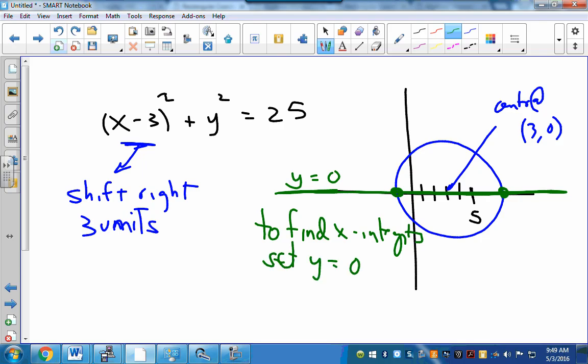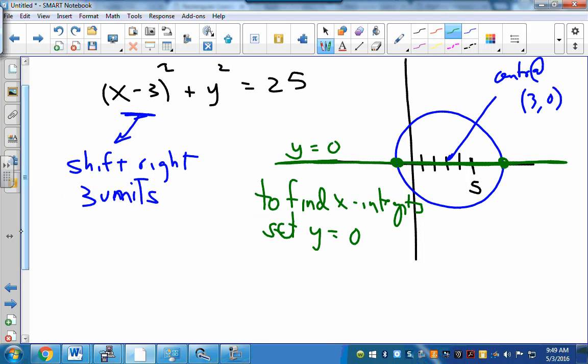So you go into your equation and you make y equal 0. Well, that's pretty easy to do. This equation now becomes x minus 3 squared plus 0, I don't have to write that, equals 25. Everybody good so far? I just made y 0, so that goes away.